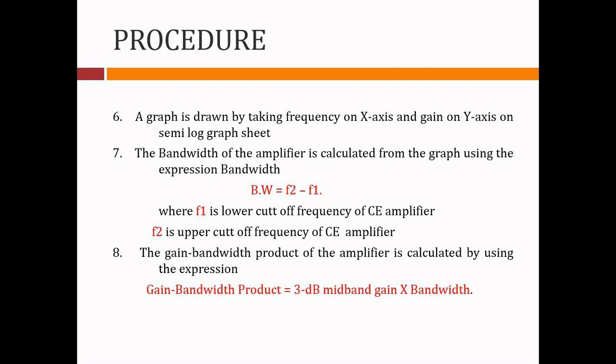Now from the frequency response, we can make out the bandwidth of the given current series feedback amplifier. At the 3 dB point, we have to locate F1 and F2, and then the difference of the two will give the bandwidth. Again, this part has been discussed in the classroom, so you should not have any difficulty. If you are having any difficulty, we have already uploaded this lecture, you can go through it.